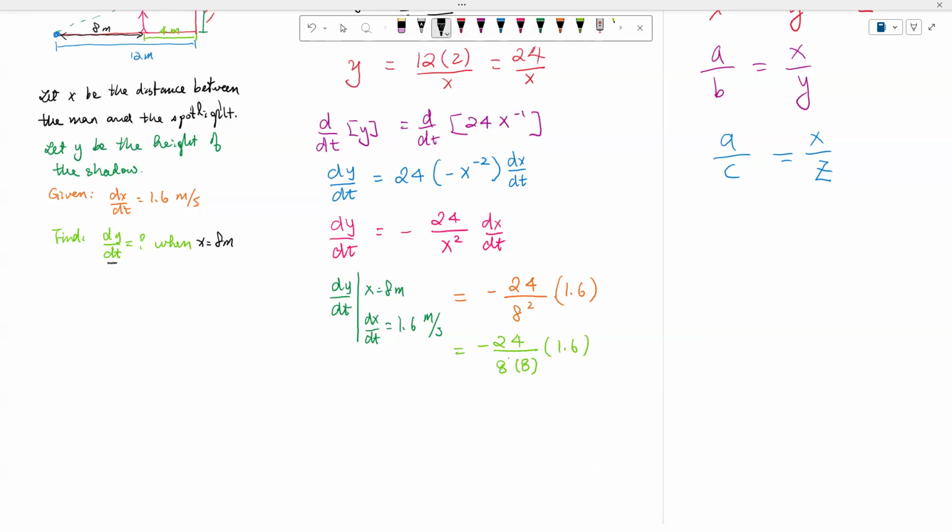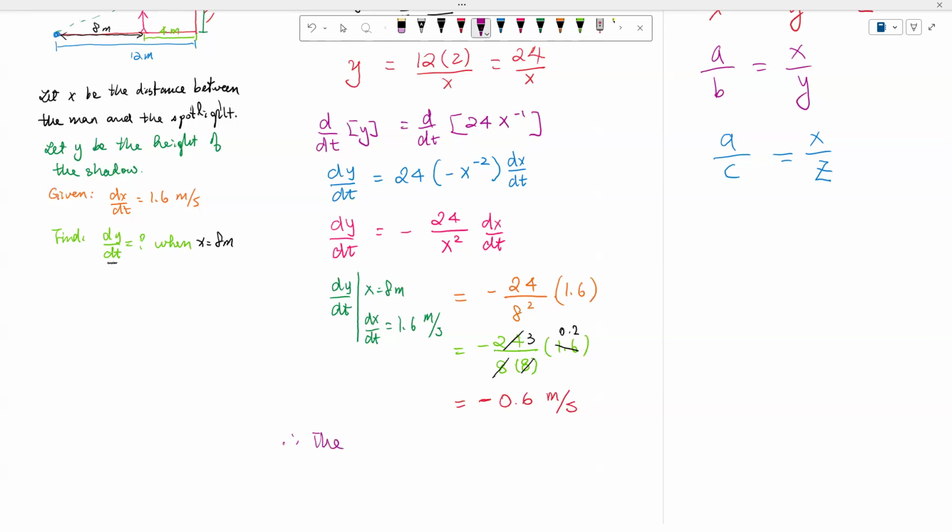Now let's simplify. 8 times 8, this is 0.2. So the answer that I have is 0.6, but this is negative. So in this case, I will have meter per second.